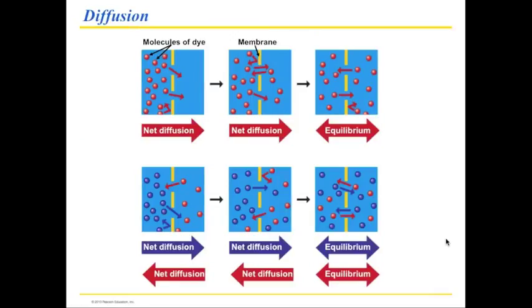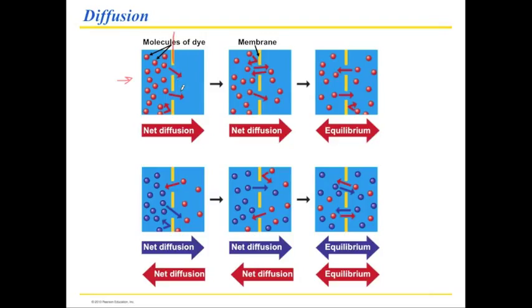Now here are two examples for what happens with diffusion. In each case, you can see that there is a certain concentration of certain substances on the left, and there is some kind of a membrane in between. So this yellow here in the middle, that is actually a membrane.